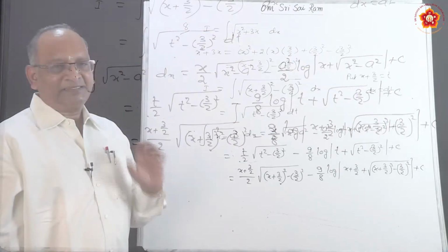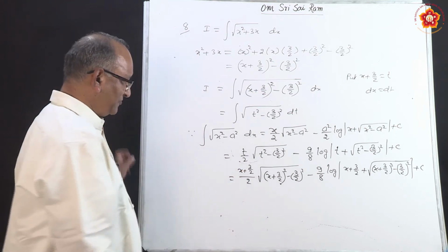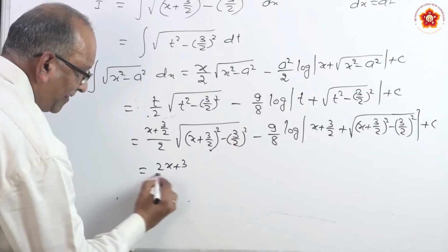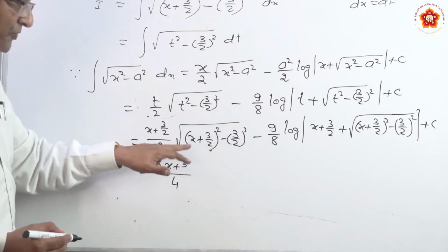Maybe you can simplify a little bit. This can be written as 2x plus 3 by 4. And you know, this simplification will finally lead you to the given function.